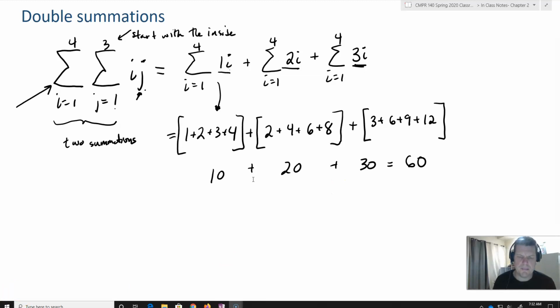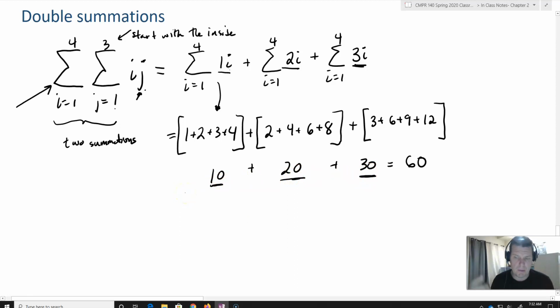Some cool stuff we can do with summations that might make this a little bit easier is to notice how 10, 20, and 30 are related, right? 20 is 2 times 10, and 30 is 3 times 10.